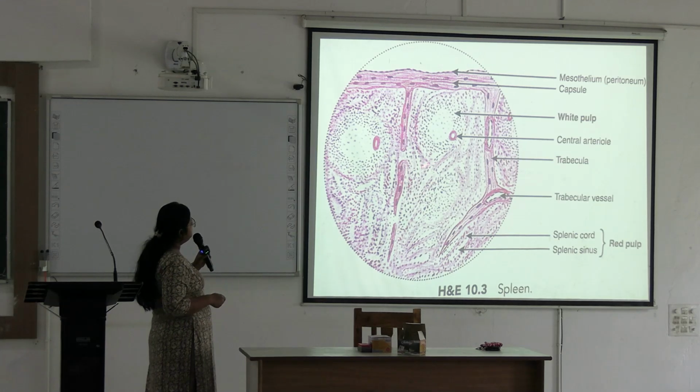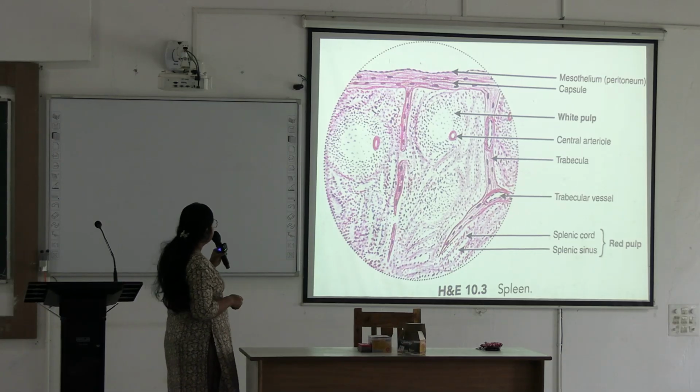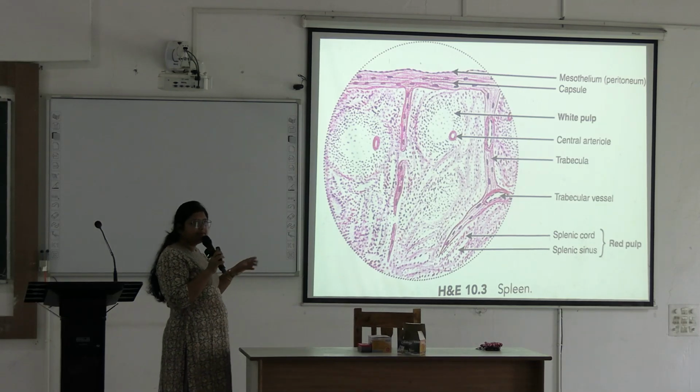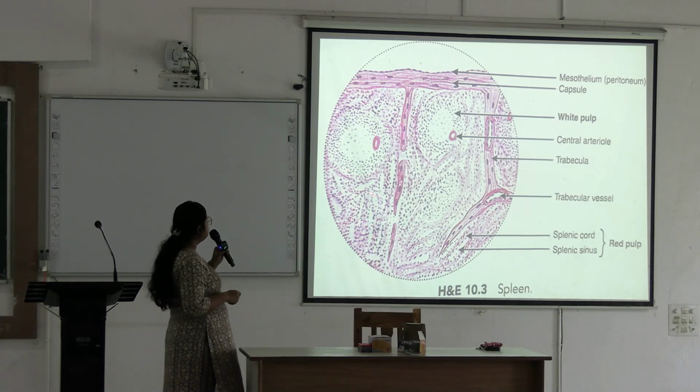These are white pulp, and this is the central arteriole, germinal center, and these portions are forming the red pulp. And all the dots you will draw with violet dots, okay? And some pink dots represent the cytoplasm of some blood cells, okay? And some pink shading will be there in the red pulp.